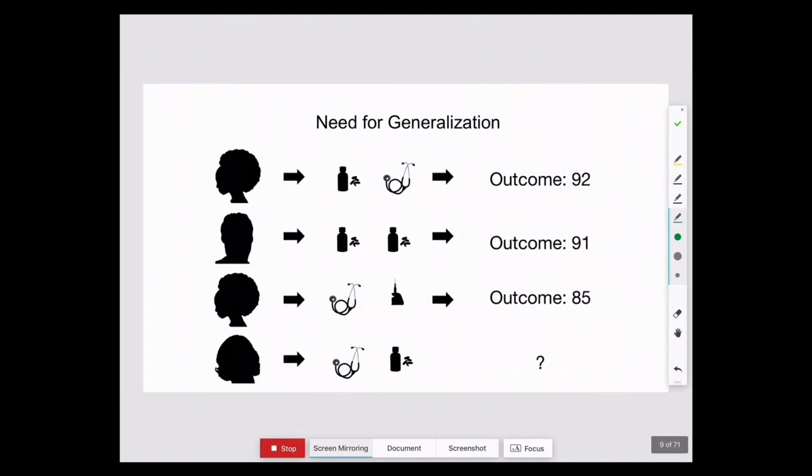And then in addition, we need generalization. I think this is particularly important in reinforcement learning because we have this sequence of activities we're taking. So we essentially have A decisions here and A decisions here. In general, you could think of there being an A to the H space, where H is the number of decisions you're going to make in an episode. So that's enormous. Historically, randomized control trials have focused on a single decision.